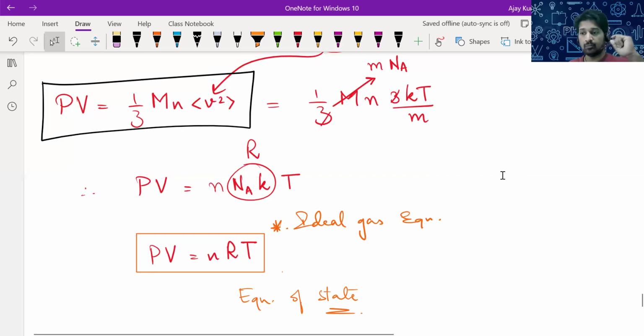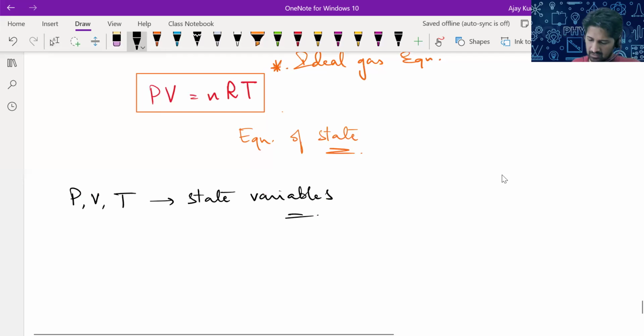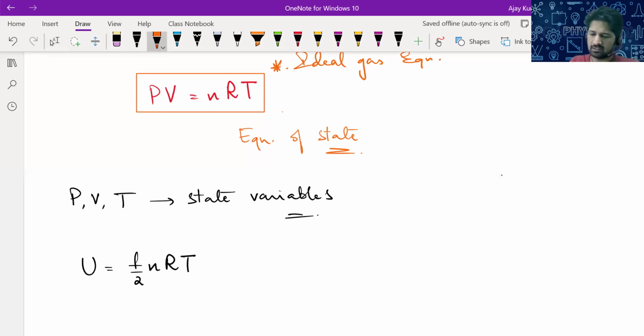Based on the number of degrees of freedom, you can tell how much energy the gas has. So you know how to write the internal energy of a gas. By relating these two, you get the ideal gas equation. So PV is equal to nRT and internal energy is f by 2 nRT. These will be the takeaways from today's class.